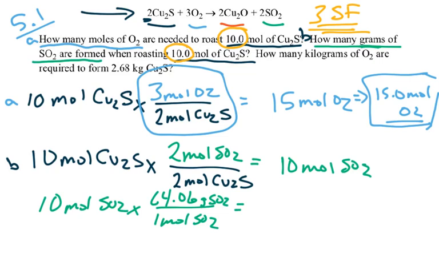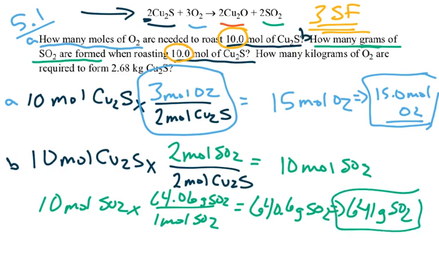So we end up with 640.6 grams of SO2. Again, 3 sig figs, 641 grams of SO2. All right, so that's that part of the problem.